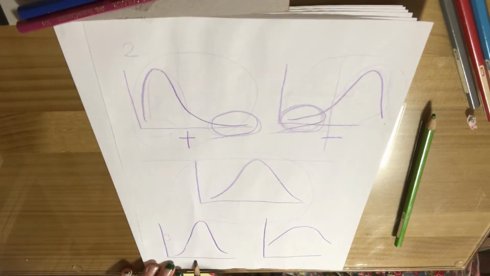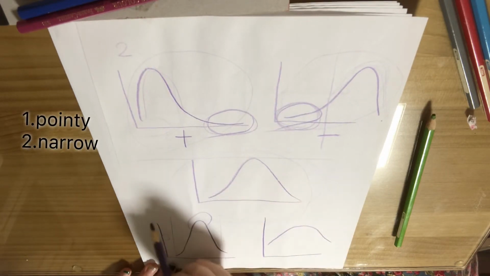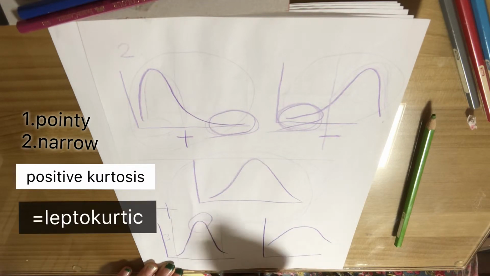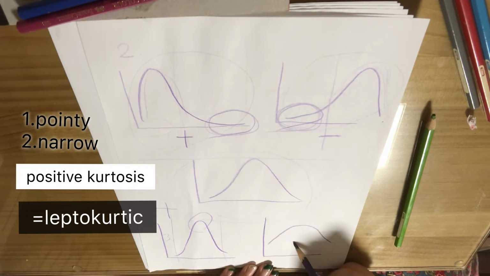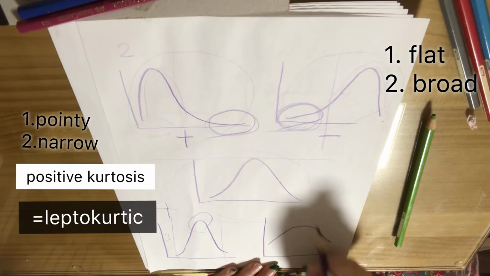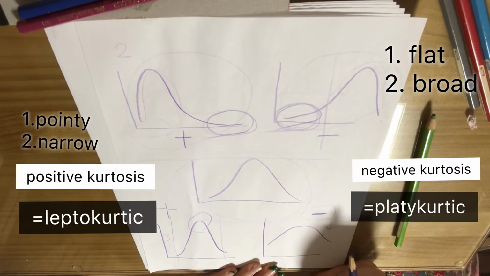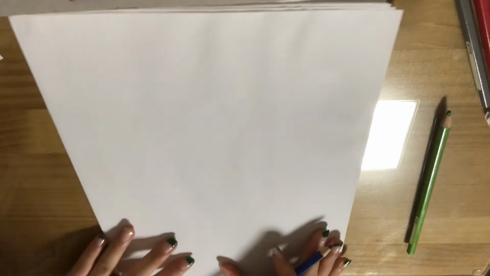This one, which is really pointy and narrow, is positive kurtosis, and we call this leptokurtic. And this one is flat and broad, and this is called negative kurtosis, and the name is platykurtic. So those are the fundamental concepts for the shape of the distribution.